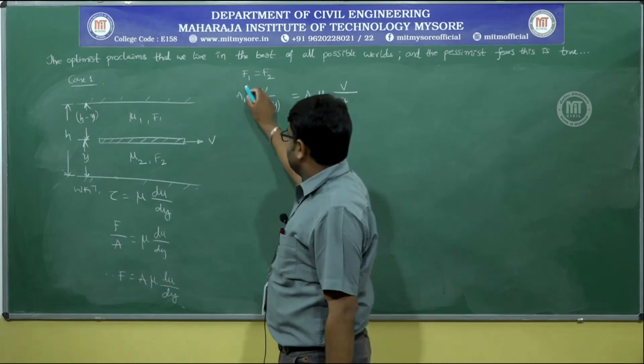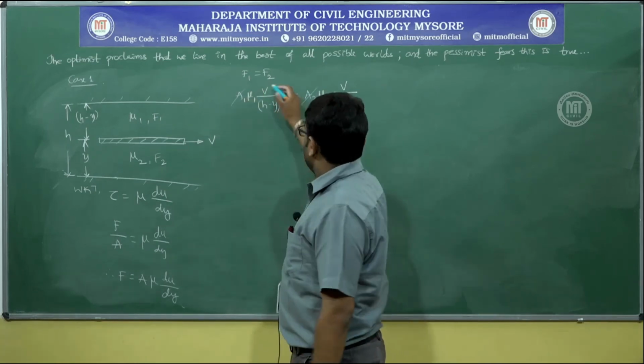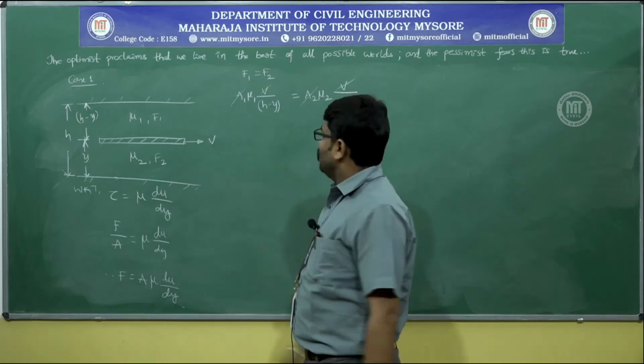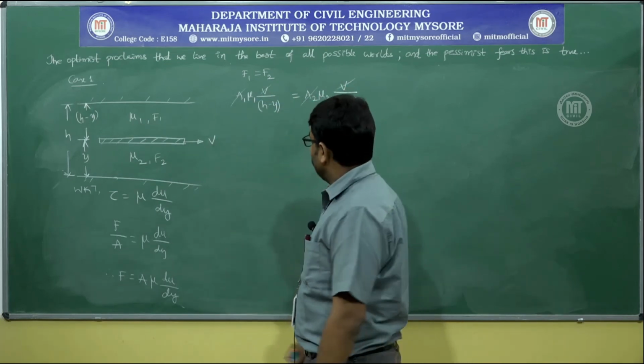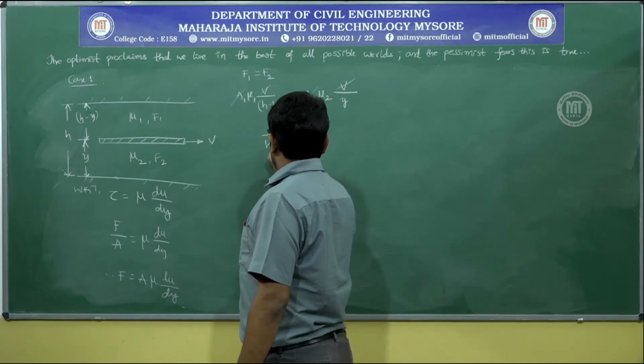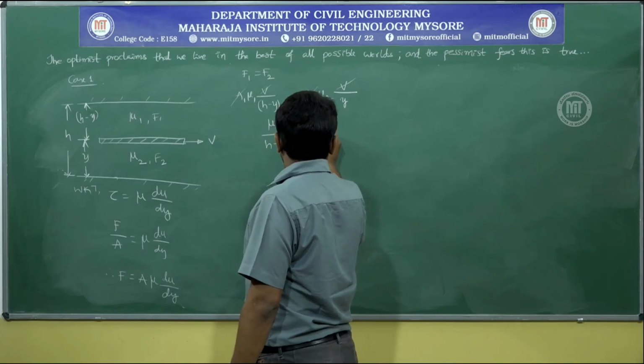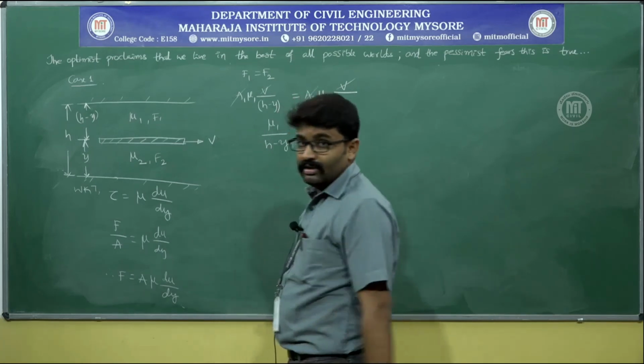Area of the plate on either side is same, so A1 and A2 get cancelled, and velocity on either side is same, so v and v get cancelled. What are you left with? You are left with mu1 by h minus y is equal to mu2 by y.